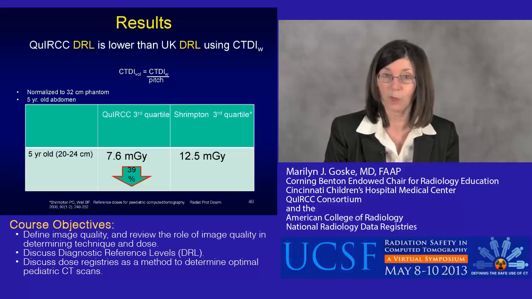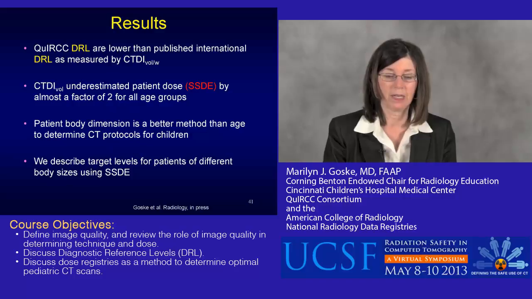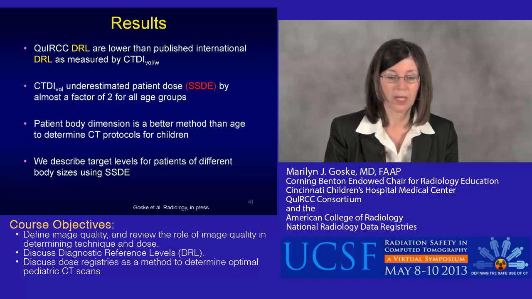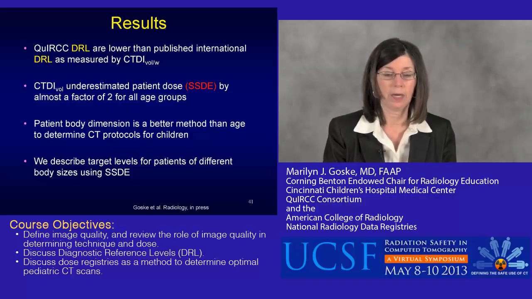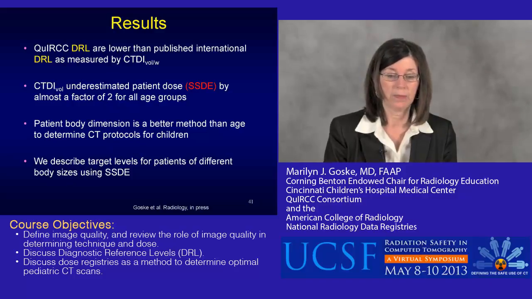We have more results that will be discussed in an article that's in press in Radiology that will give very specific upper and lower target ranges. But we found that the QuIRCC DRLs were lower than the published international CTDI-vol and CTDI-W.